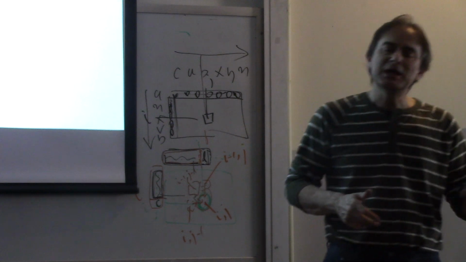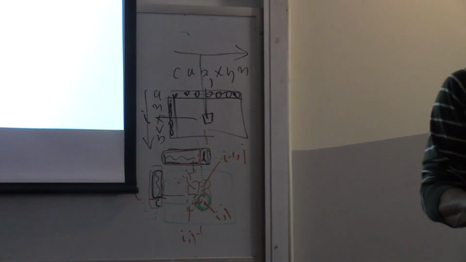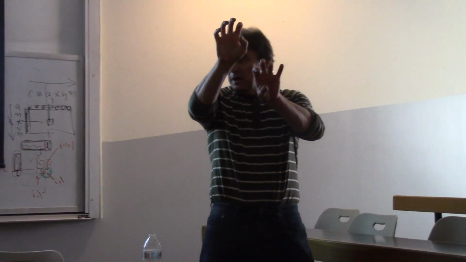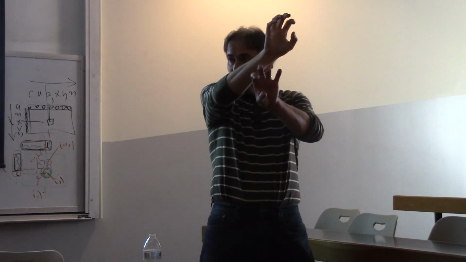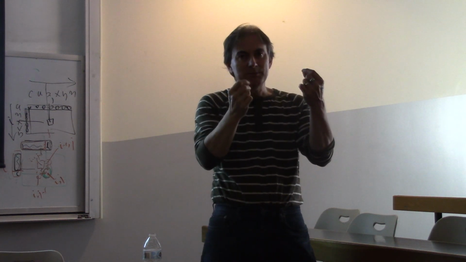So we have a topological ordering, which means that the ij location is dependent upon I minus 1, j minus 1, as well as the one above it, as well as the one to its left. That's the topological ordering.